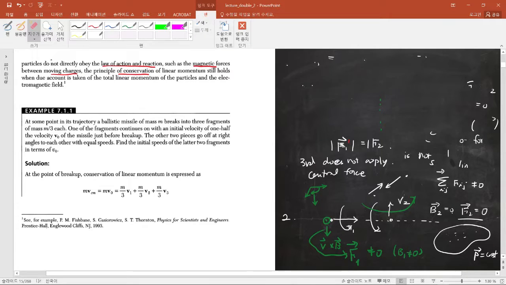So the apparent resolution of this is, of course, you have to consider the field itself.